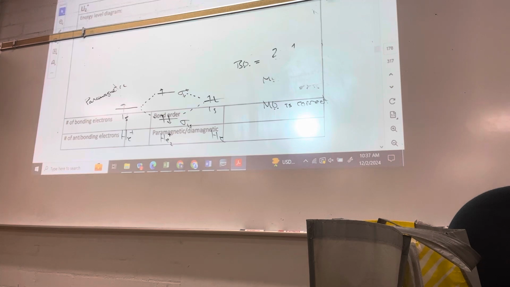If we look at the internuclear axis here, there's a node, because there's a node here and there's a node here. And so these two positives add up and these two negatives add up constructively. And so we call this a pi 2p orbital because the electron cloud density is here outside of the internuclear axis, whereas this is a sigma molecular orbital because the electron cloud is within the internuclear axis here.